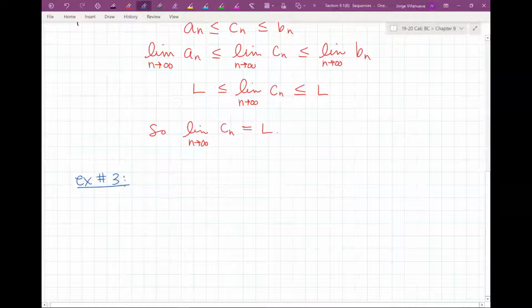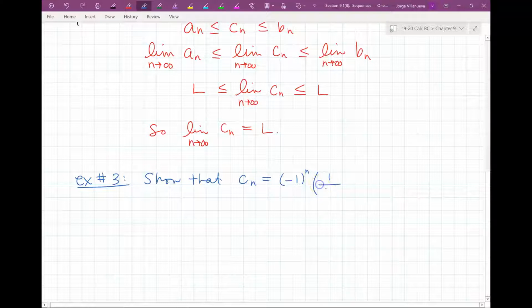For example 3, we're going to show that c sub n, which is equal to negative 1 to the n times 1 over n factorial, converges, in other words, it has an answer, and find its limit.